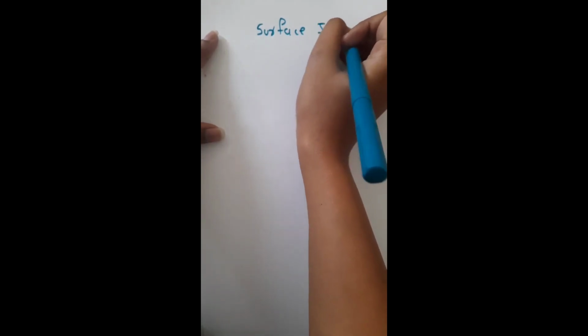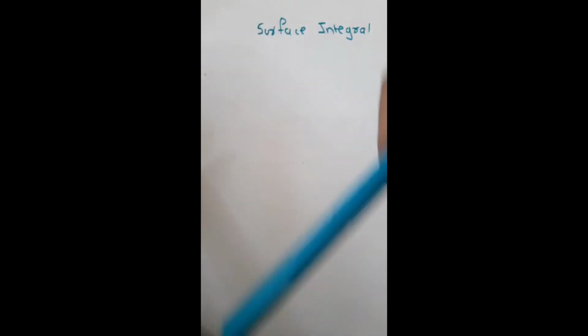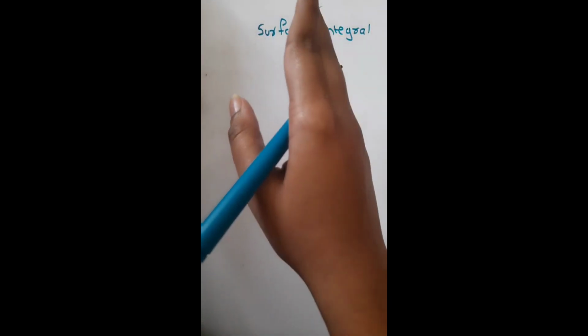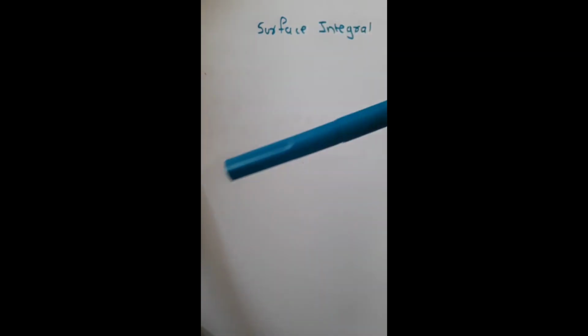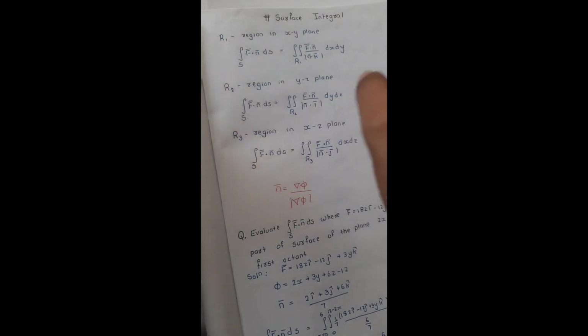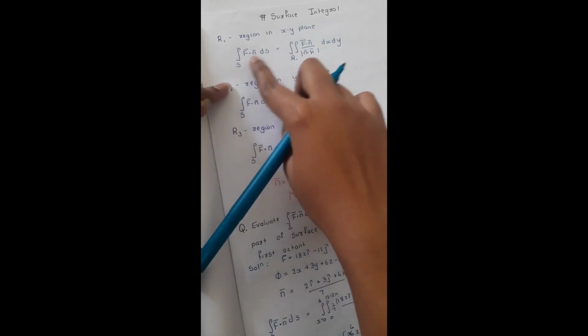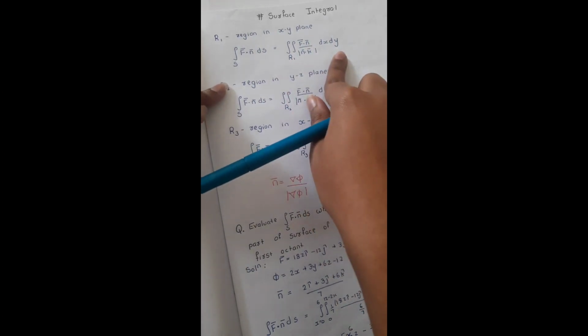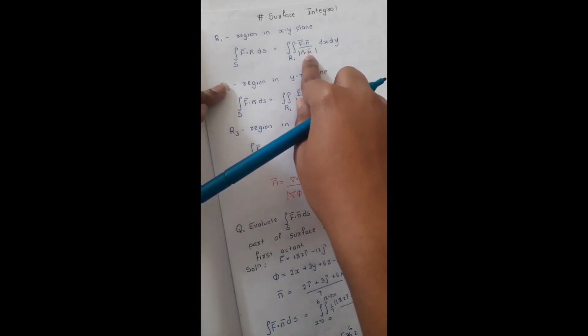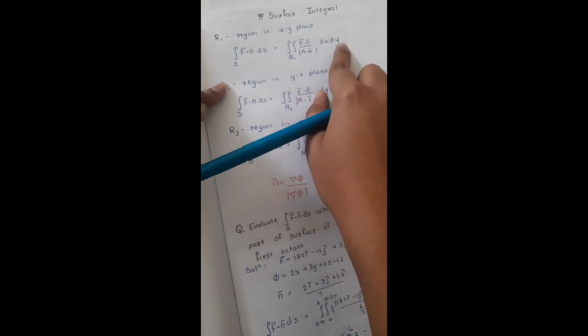Surface integral has basically three formulas that you need to keep in mind. There are three surfaces: the xy plane, the yz plane and the xz plane. For these surfaces we have three formulas. F dot n, when we convert it into a double integral for finding the surface in region xy, we use this formula: the integral of F dot n bar upon modulus of n bar dot k bar into dx dy.